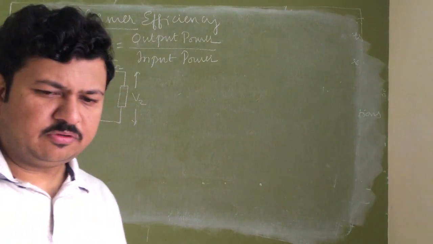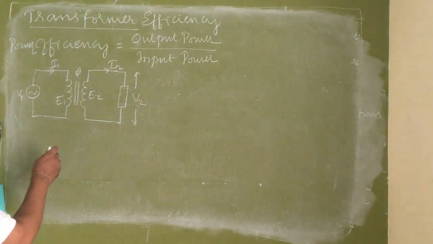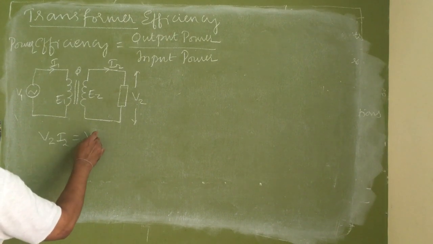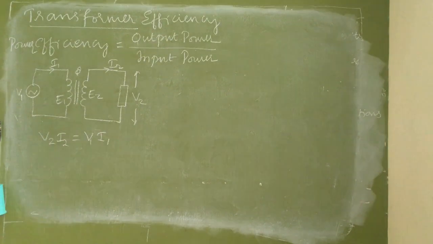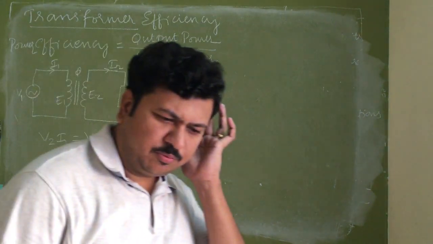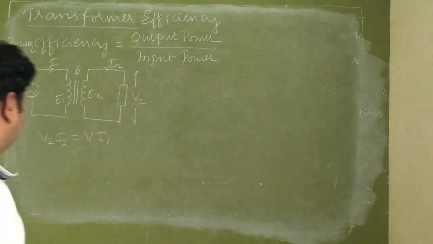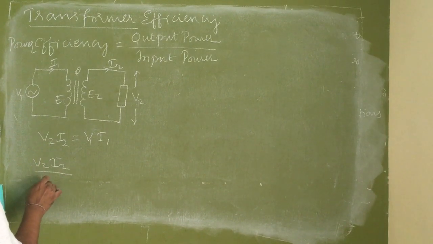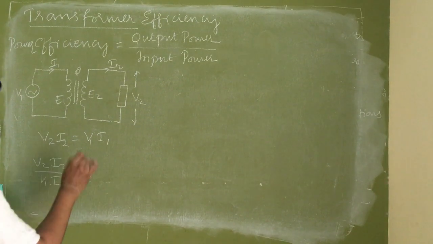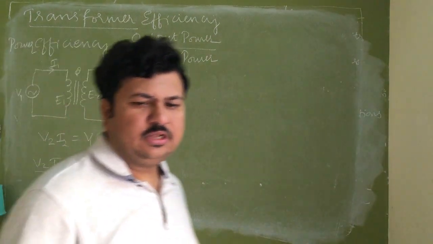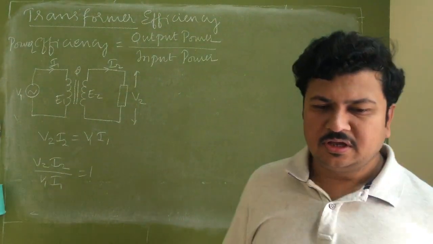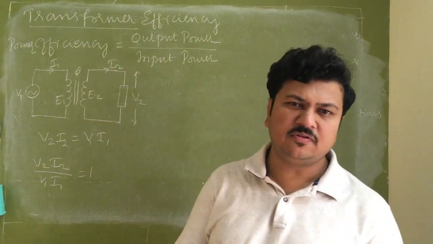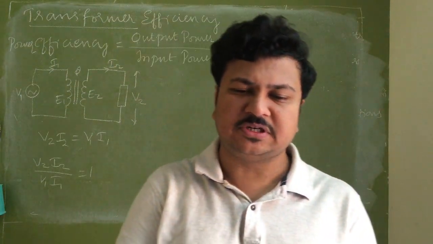So for a transformer we know the output power V2 I2 is equal to input power V1 I1. Now if I take the ratio of output power to input power, V2 I2 by V1 I1 is always equal to 1, that is 100%. So with respect to this equation, my efficiency of transformer appears to be 100%.